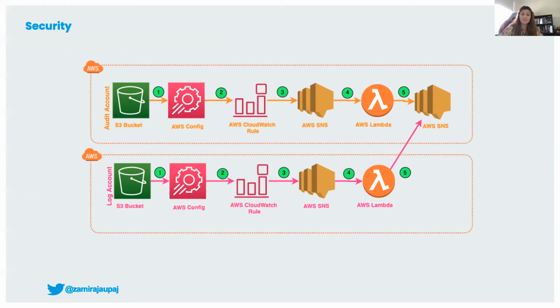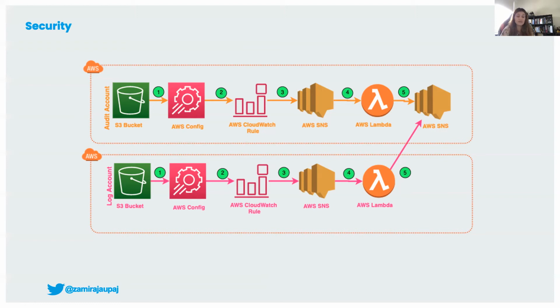If an S3 bucket policy or bucket ACL allows public read access, this bucket becomes non-compliant. CloudWatch event rules trigger an SNS topic when this configuration rule changes, so this service becomes a non-compliant service. In this case, it is the S3 bucket.